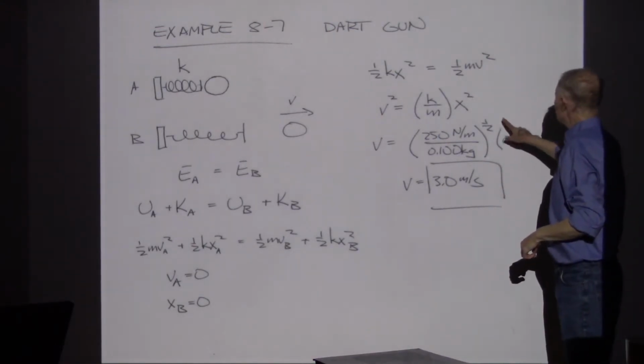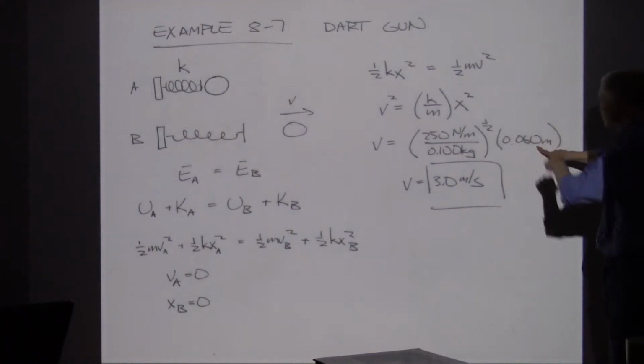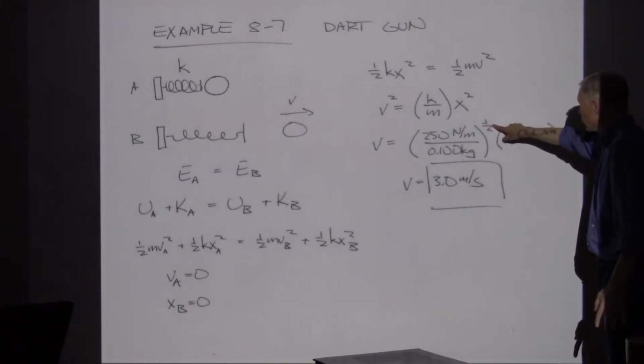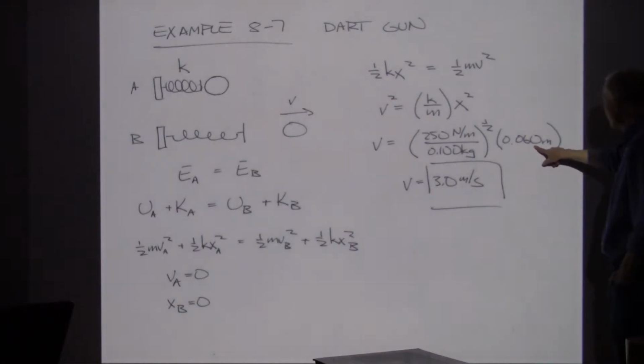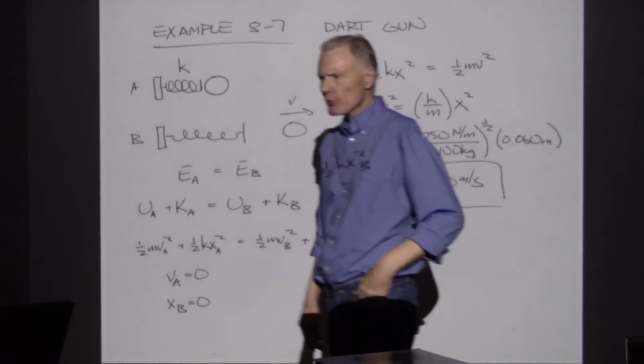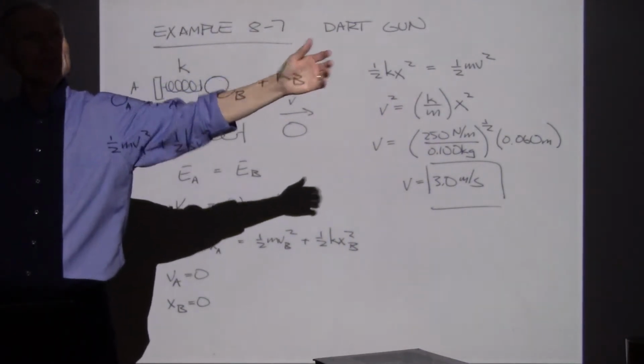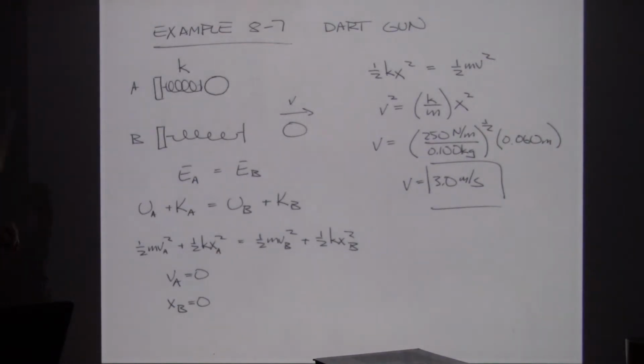The distance that we compressed the spring is x, 0.06, and that's not square rooted yet. It turns out to be 3 meters per second. So it's going to travel about 3 meters in a second. That seems reasonable when it shoots out from the spring. All right, questions on any of that?